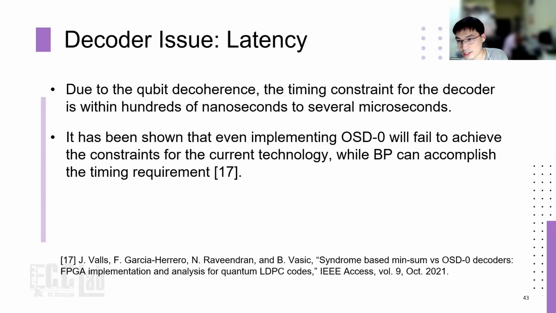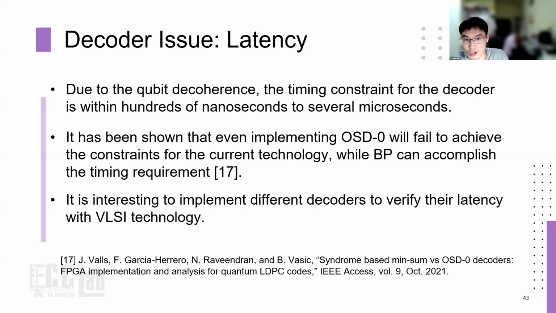So although OSD has the best performance to date, we should think about improving BP or proposing other lower complexity decoders. In fact, some theoretical decoders have been proposed. So I think it's interesting to implement different decoders to verify their latency with VLSI technology today.